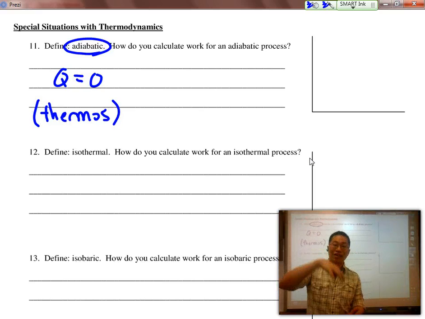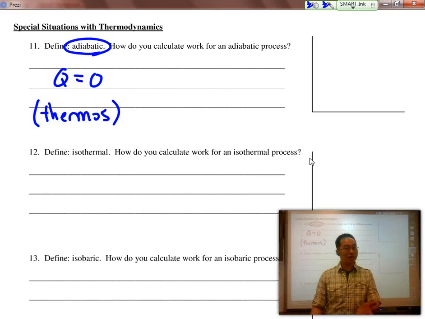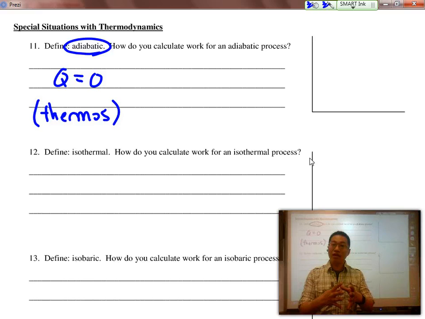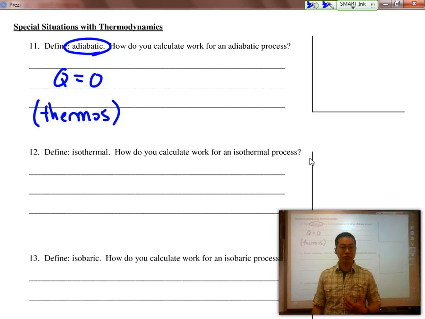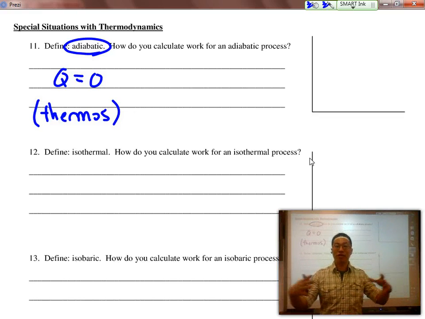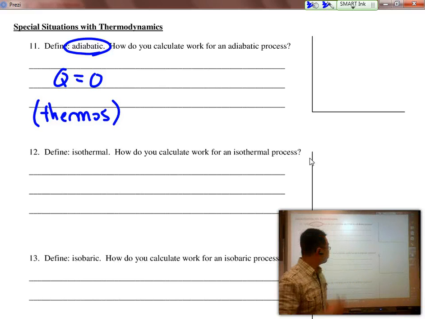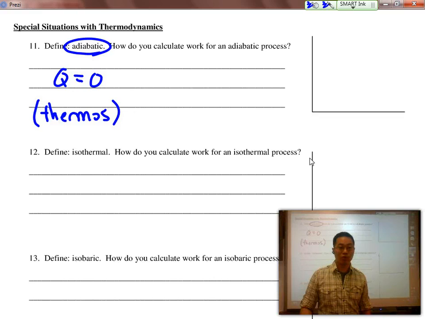Whenever you put hot liquid inside a thermos, it stays hot because the heat inside is unable to escape. Or just like if you put an ice-cold beverage in a thermos, it stays cold because the heat from the outer surroundings is unable to come in. So whenever you have an adiabatic situation, there is no heat transfer whatsoever.